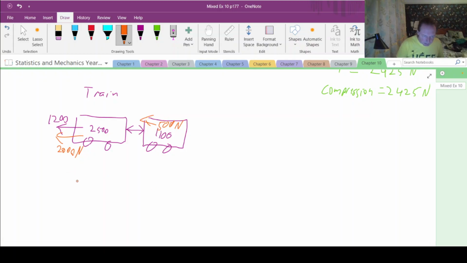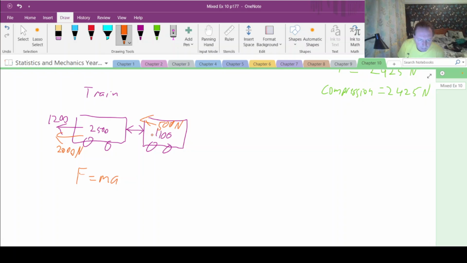So if we do F equals ma on that, if we take everything into consideration, the thrust, what force are we missing, and do we have the acceleration? I think we do have the acceleration of everything.